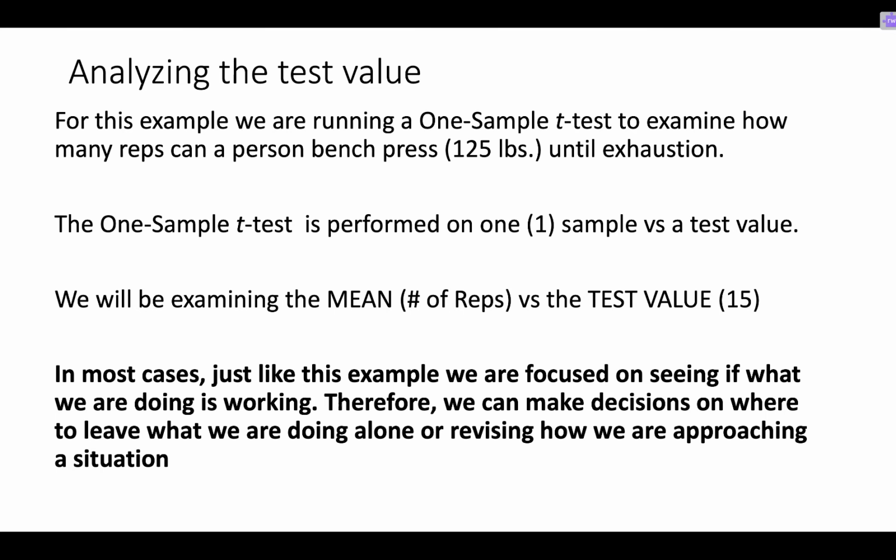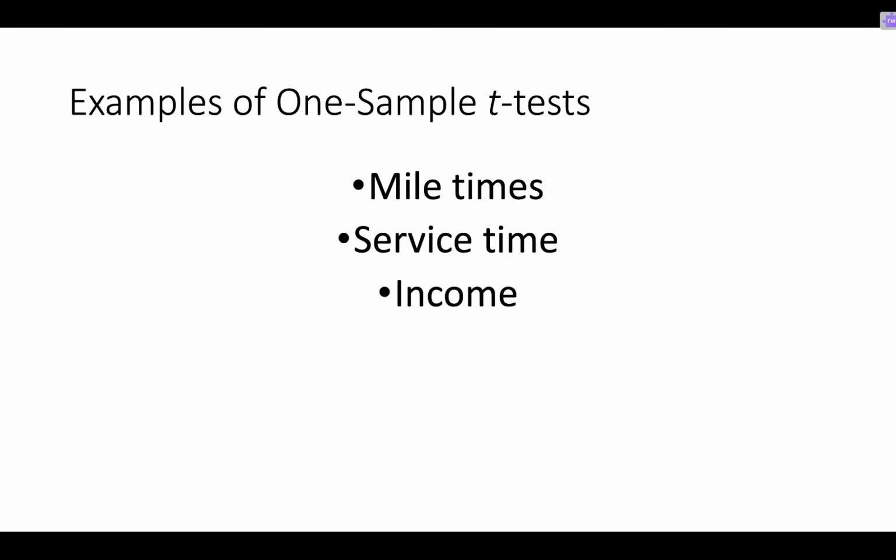If it's below 15, now I get to assess what I'm doing to see if I need to push them harder to get them over the threshold as a group. It's not one person, it's a group of participants that I'm dealing with. So it's not just one. One could have 30 and the other one could have 0. The whole idea is when you're done, that mean has to be above or below, and then I get to make decisions from there. Let me give you some other examples of one sample t-tests.